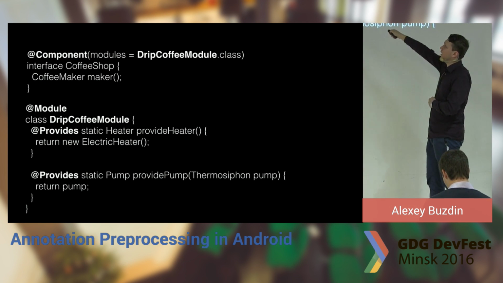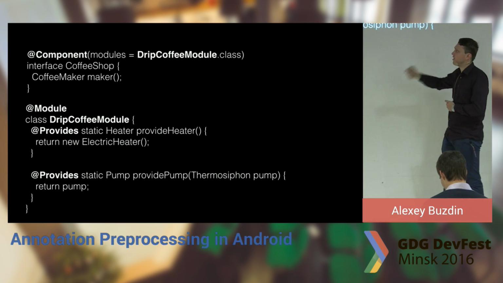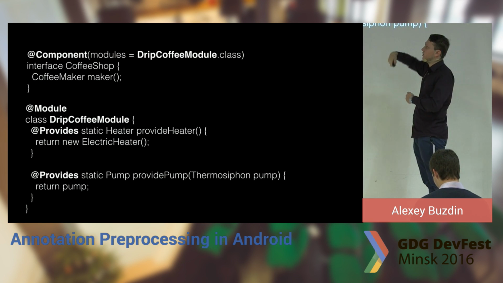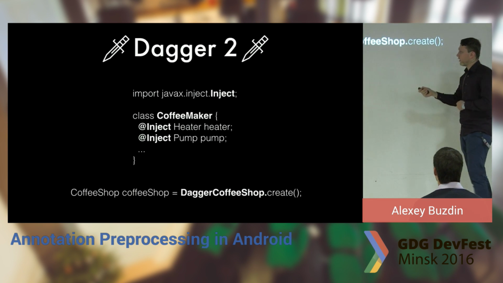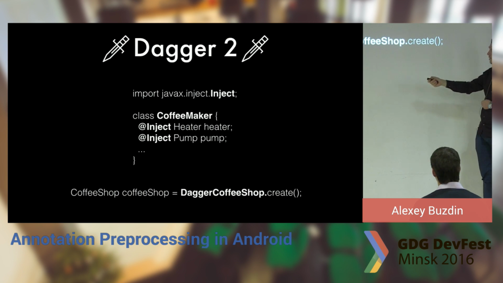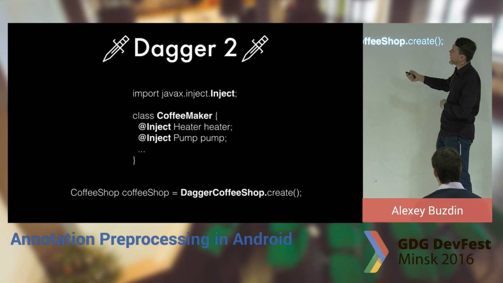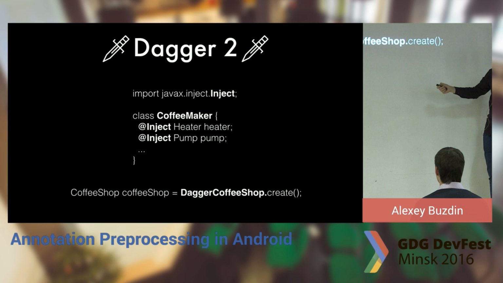The component is an endpoint and access point to this dependency. So we have this coffee maker that we need to get. We have this component that allows us to get the coffee maker. And here is the generated class, Dagger Coffee Shop. So this Dagger Coffee Shop, our component, is generated with APT.